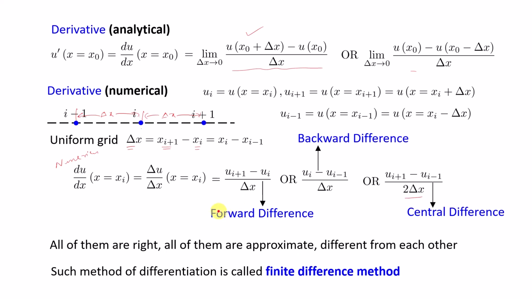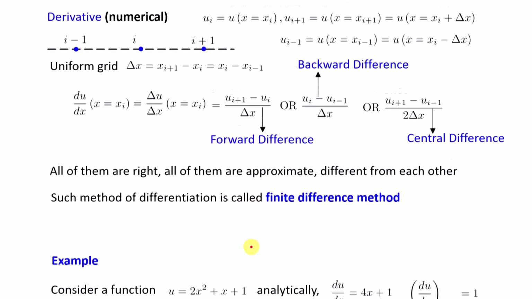If you calculate that for any known function, you will find that they may not match with the analytical solution, and they may not match with each other, and yet all of them are, in the numerical sense, right. Each of them contains a certain error, and all those errors may not be the same. The errors are the difference between numerical and analytical derivative. This is the method of differentiation which we call the finite difference method.